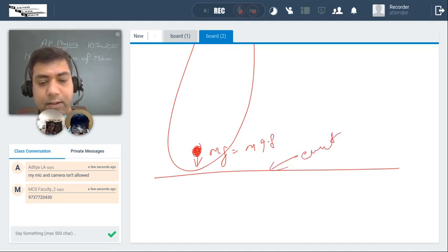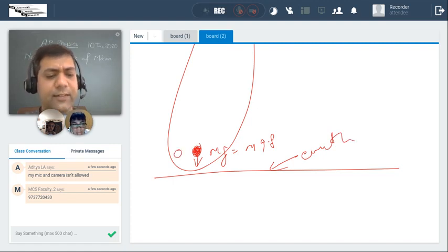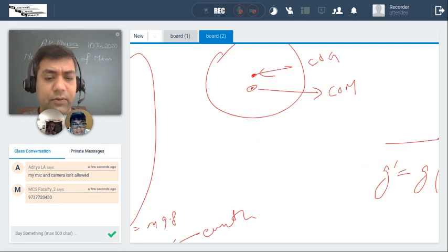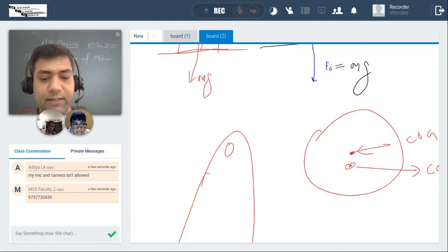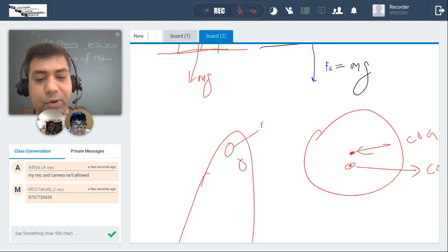These particles, whatever their mass is, will be experiencing mass into G, this force mg downward. The molecules which are far away from the Earth surface will also be experiencing mg, but that g is going to be different. That g is going to be g dash.